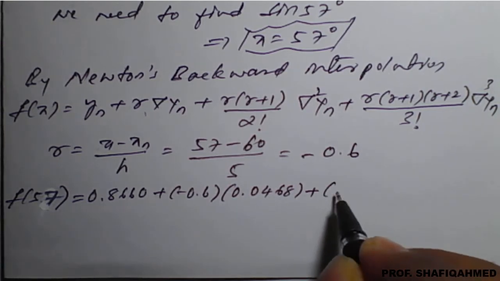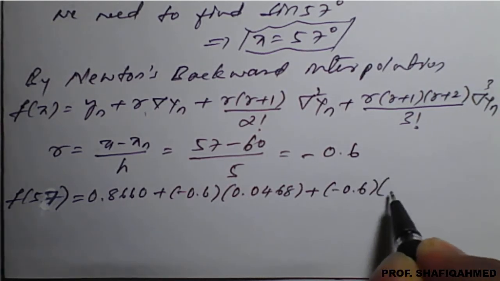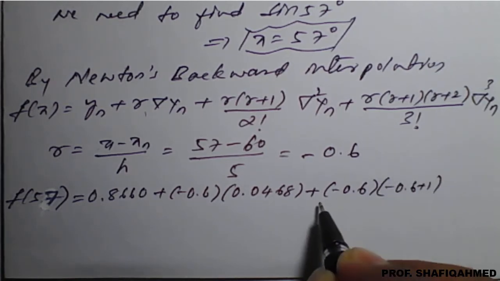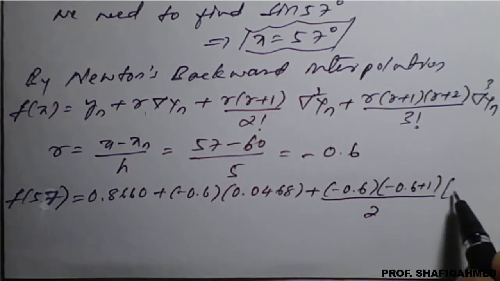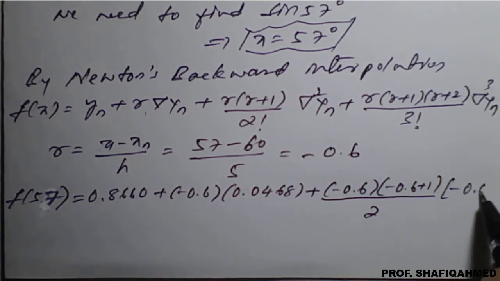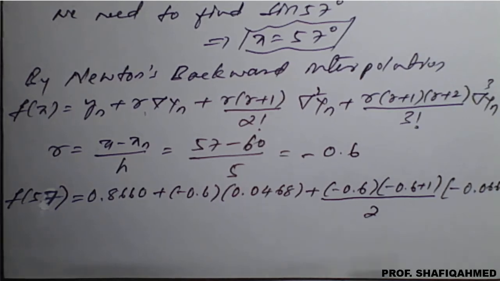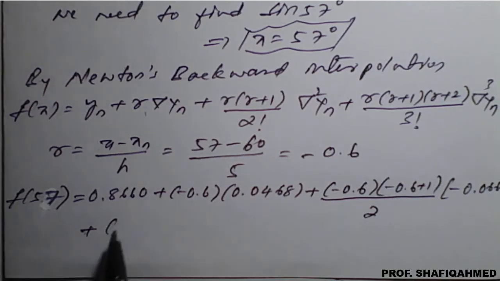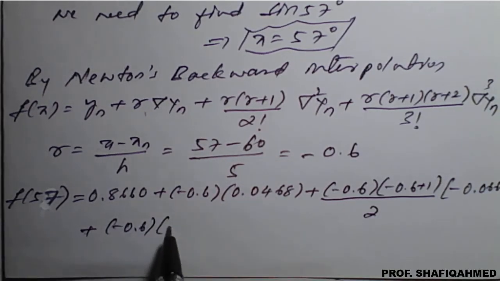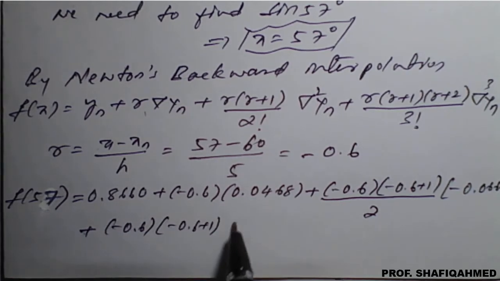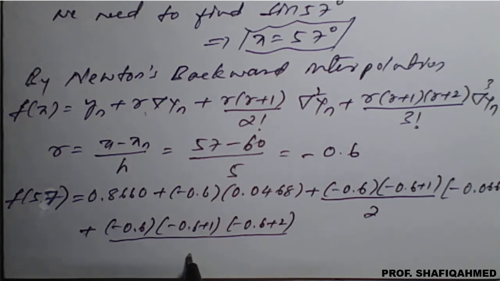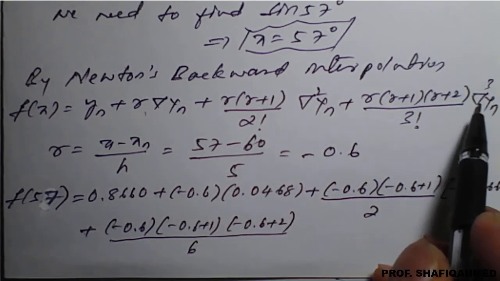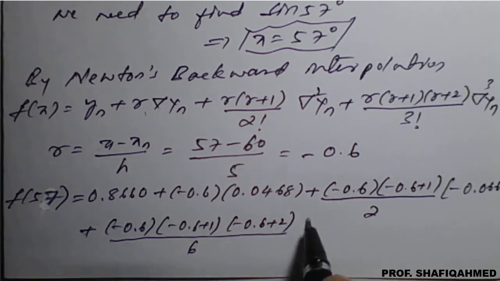So r value is minus 0.6 into minus 0.6 plus 1 divided by 2 factorial, which is 2, times nabla square of yn, from the table it is minus 0.0064. Then the next term: plus r value minus 0.6, into minus 0.6 plus 1, into minus 0.6 plus 2, whole divided by 3 factorial, which is 6, into nabla cube of yn, which is minus 0.0007.